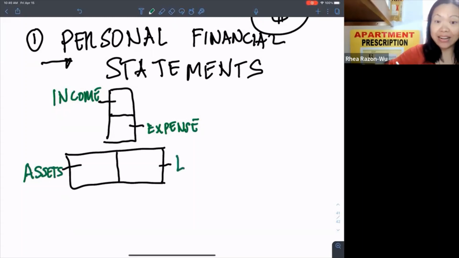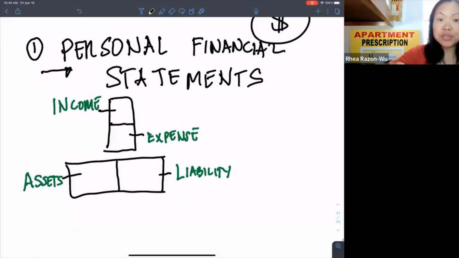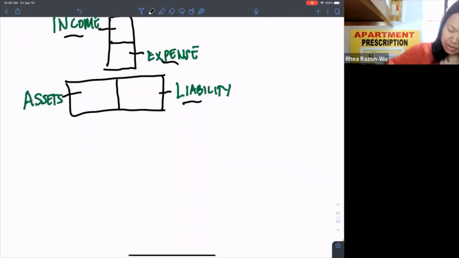And this is the letter L, which is liability. That's the personal financial statement: income, expense, assets, and liability.